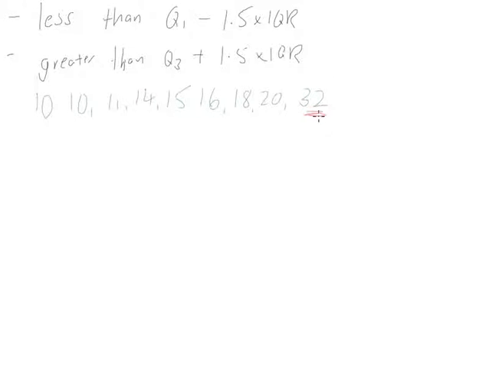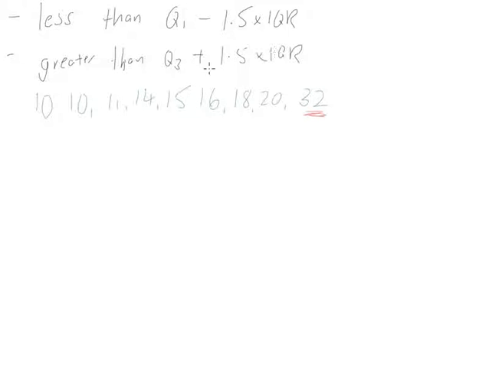The question is, is 32 going to be an outlier? Our definition says we need Q1, Q3 and the interquartile range, so let's have a look at finding those.